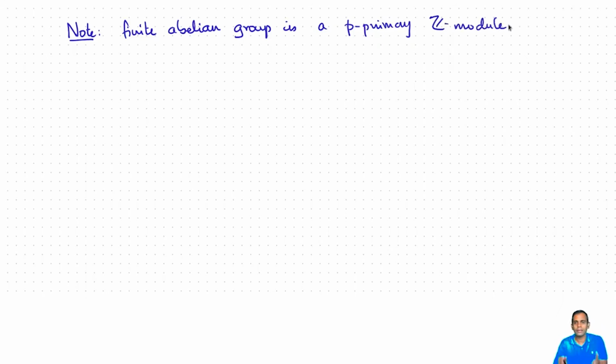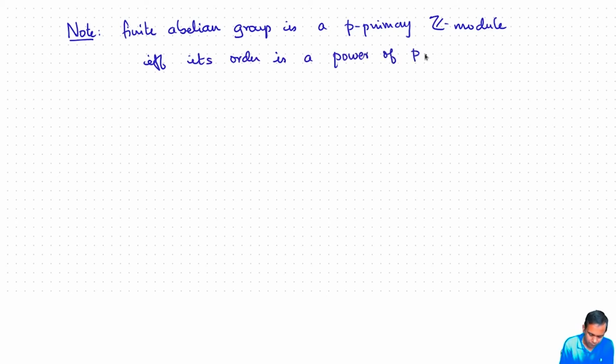Then we know that it is a product of groups of the form Z mod P to the various powers of P. So this is the same as, if and only if, its order is a power of P. And so finite abelian P primary groups are the same as abelian P groups.